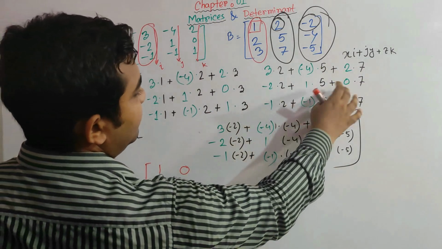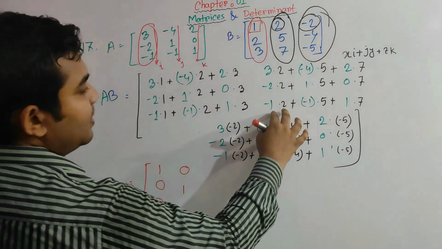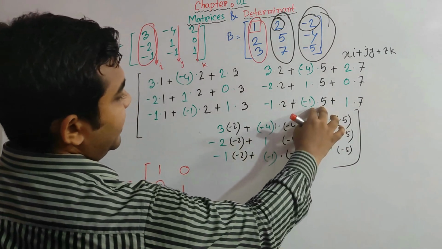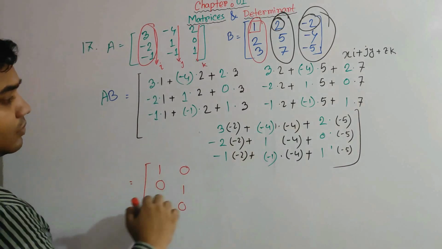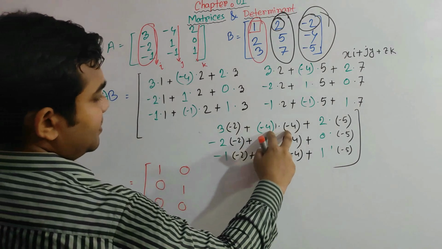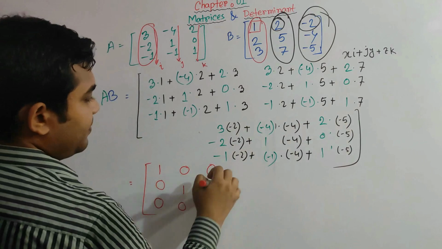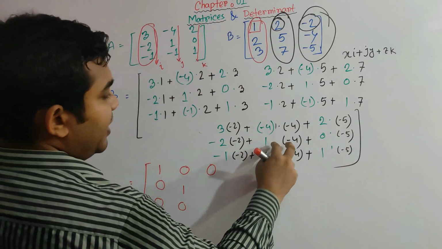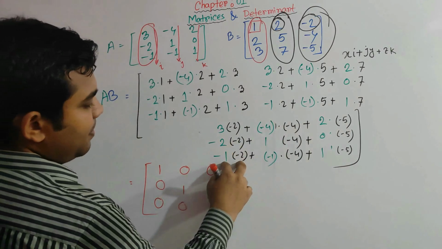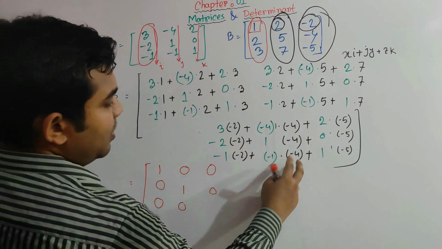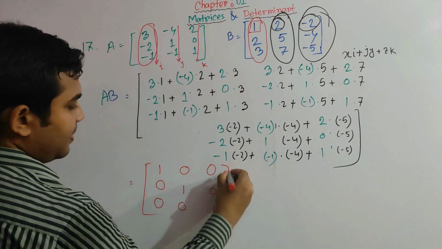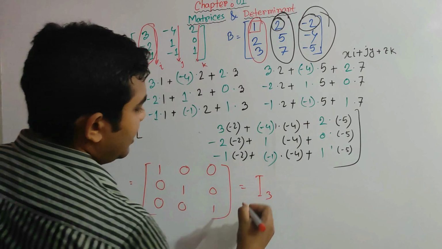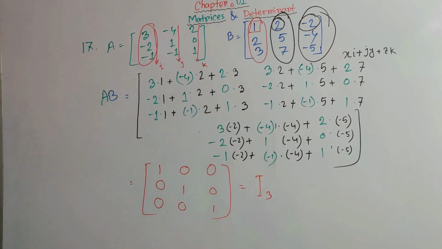Minus 4, 5, 0 should be 1. Minus 2, minus 5, 0. Minus 7 plus 4 minus 4, 0. Plus 2 plus 4 minus 5 is 1. So we get an identity, or I3 matrix.